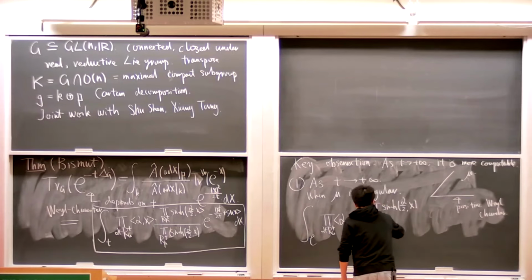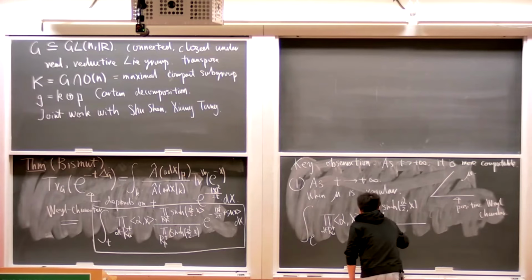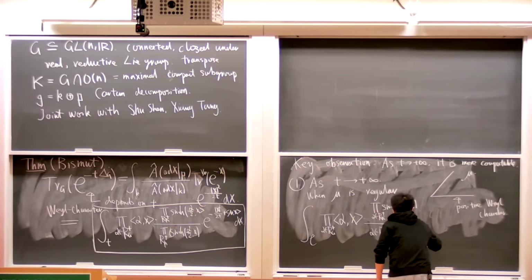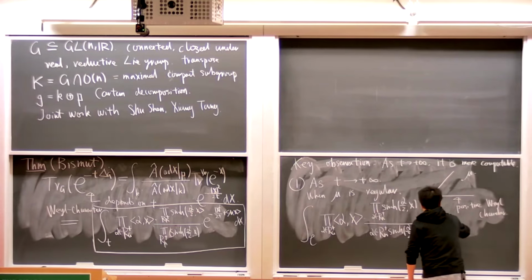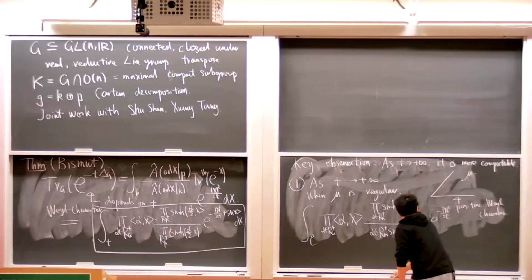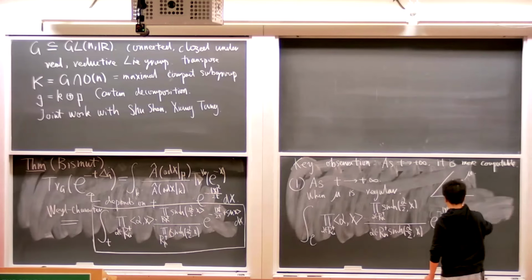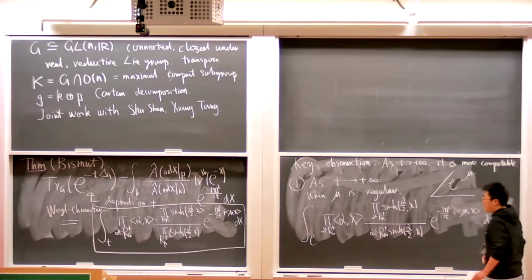This is over all positive compact roots. This is over all positive non-compact roots. This is e to the minus x squared over 2t. This is over my positive Weyl chamber C plus mu of x, dx. So step one is that we can restrict ourselves to one positive Weyl chamber determined by mu.